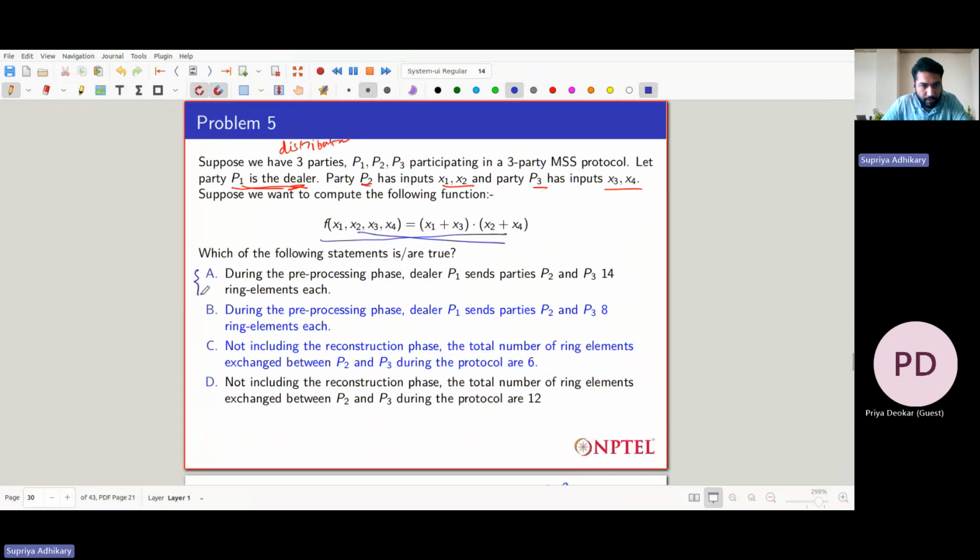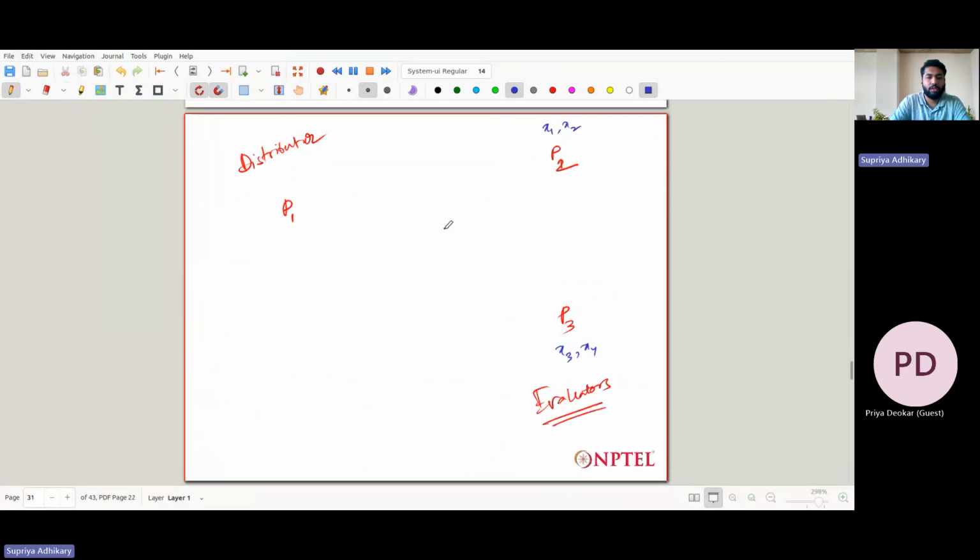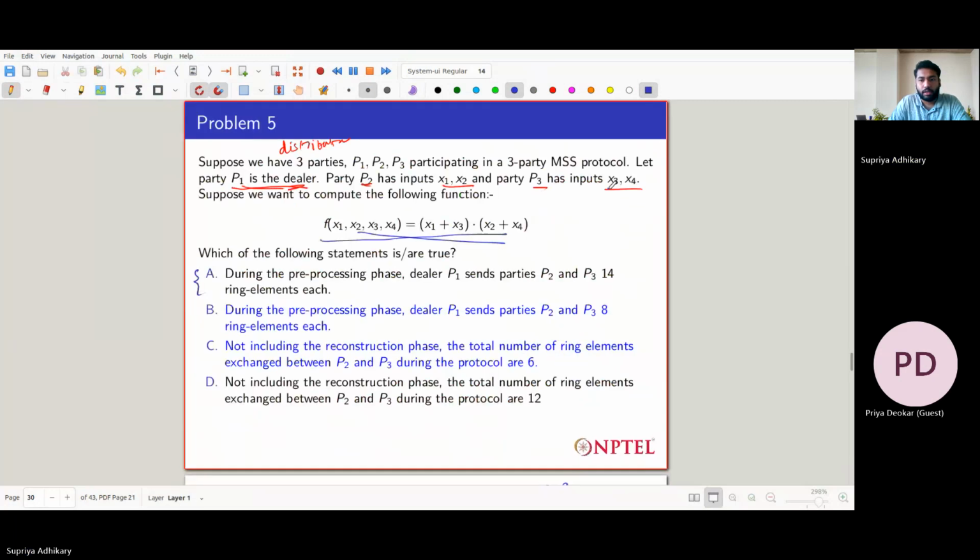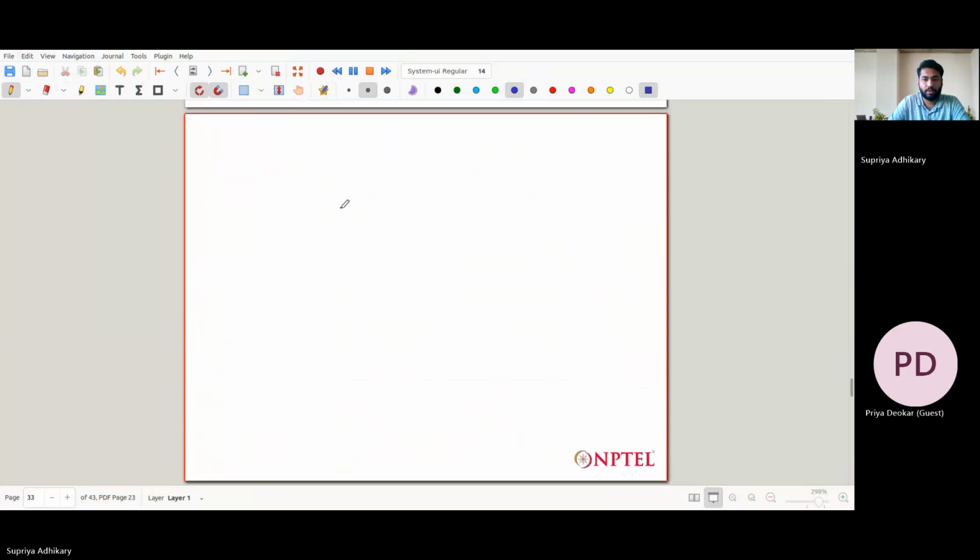So let's first check this first option. The first option said that during the preprocessing phase, the dealer P1 sends to the parties P2 and P3 14 ring elements each. Okay, so basically P1, P2, P3.